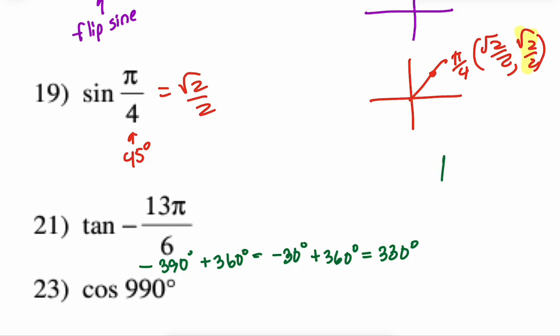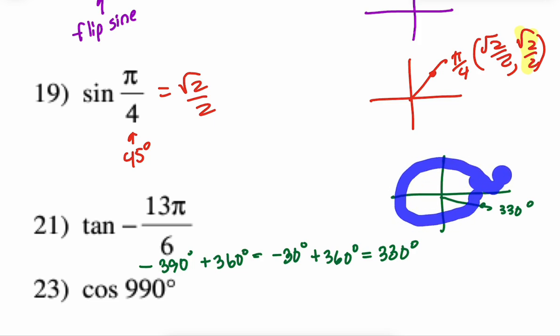Now let me show you why. So 330 is down here. Okay. If I go negative 13 pi over 6's, negative 12 of them takes me to here. Negative 1 more takes me to there.